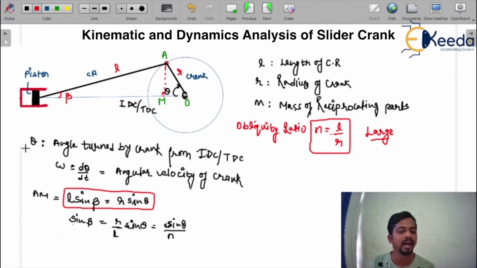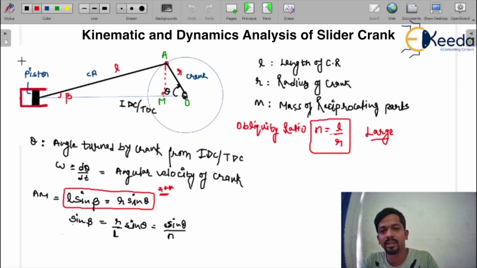Either you can learn it directly in terms of sin beta or cos beta, or if you are not able to remember this directly, you just have to remember this thing. So this was the introduction part of the chapter, in which we have seen the obliquity ratio and the relations between beta and theta.